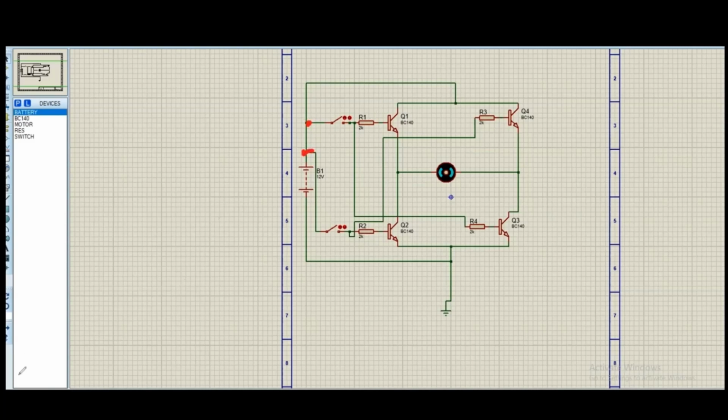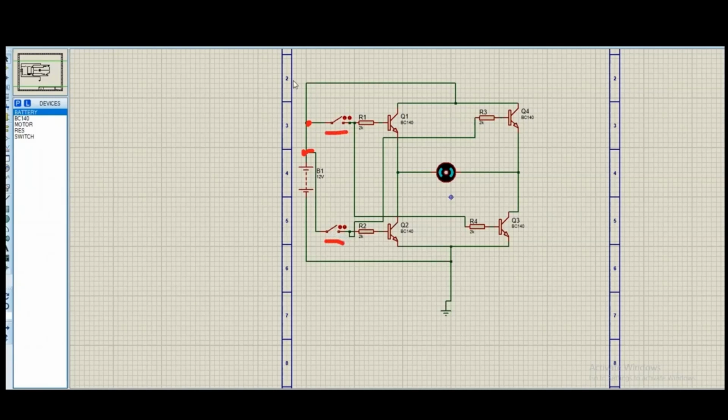Now, when I turn my circuit on, both of the switches are open. If I turn my simulation on, nothing happens because both of the switches, this one and this one, are still open.